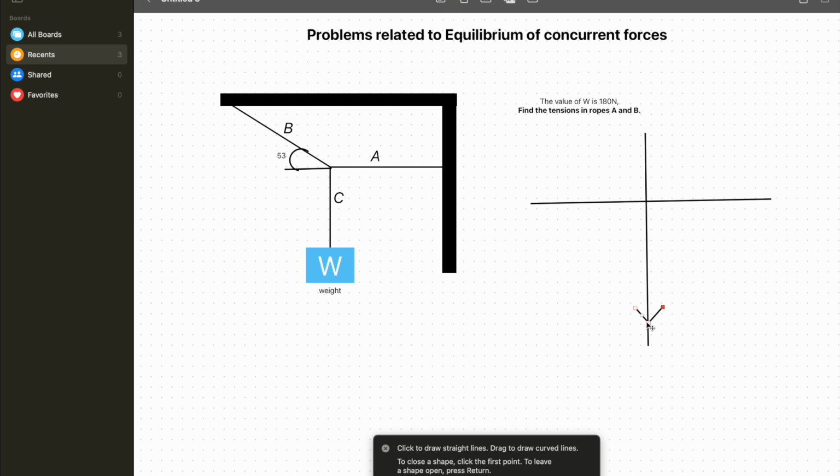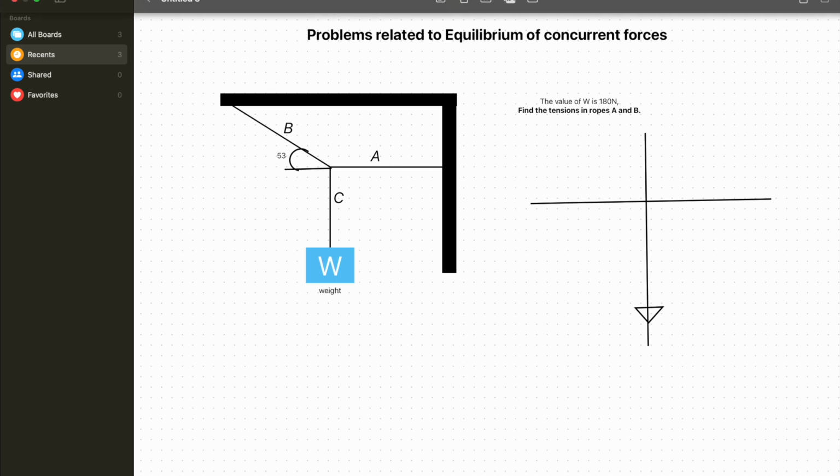The weight, the gravitation is working downwards. Obviously it works downwards. The object is trying to get to the ground with mg, so it's W.